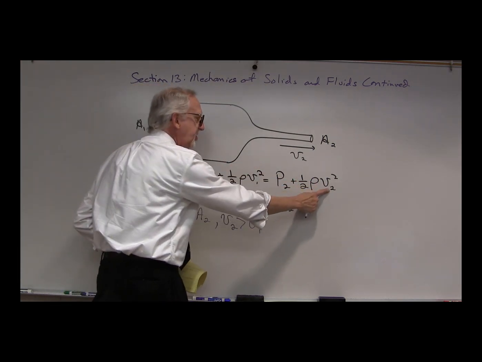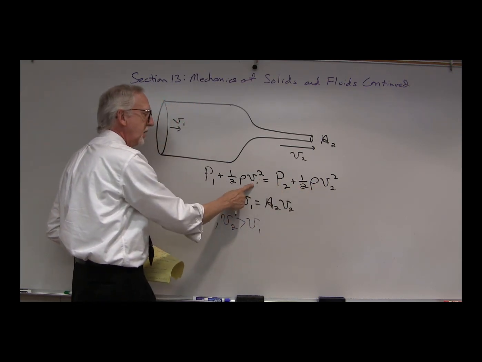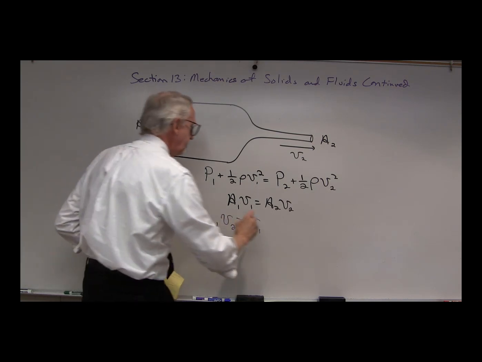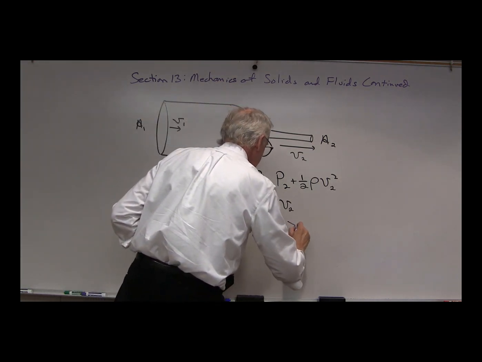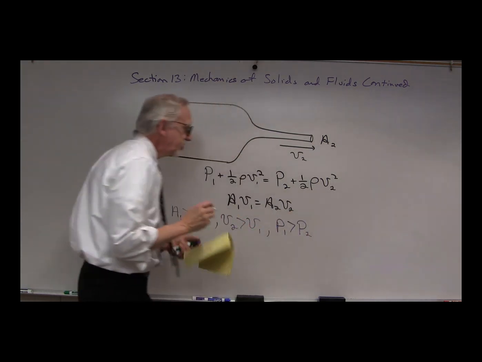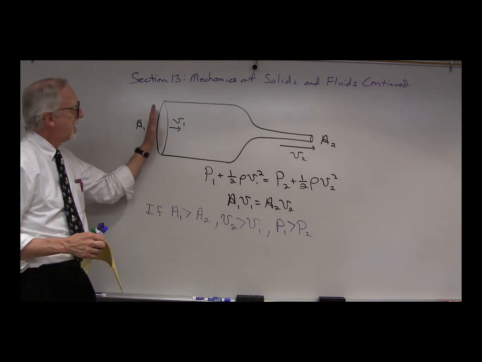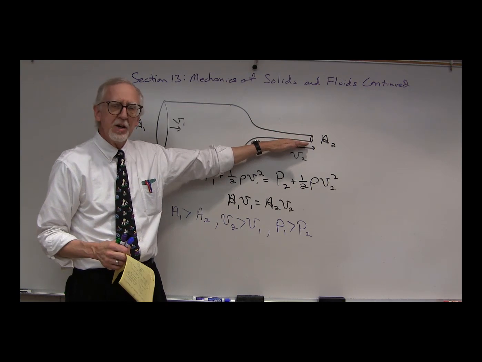And if V2 is larger than V1, then P1 must be larger than P2. So in this situation, the pressure over here must be larger than the pressure in here.